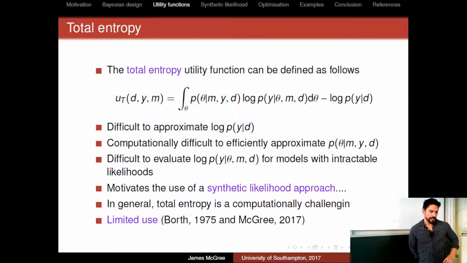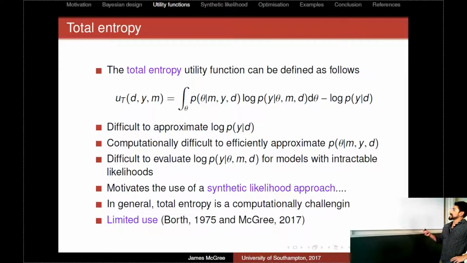If we look at this expression, well, if we look at the last term, that seems quite difficult to evaluate. It's the density or probability of y given d. That seems hard. If we look at this first term, that's the posterior, so we need to do that capital K times capital B times. So that seems pretty difficult. And in our case, actually, even just evaluating the likelihood is difficult. Okay.